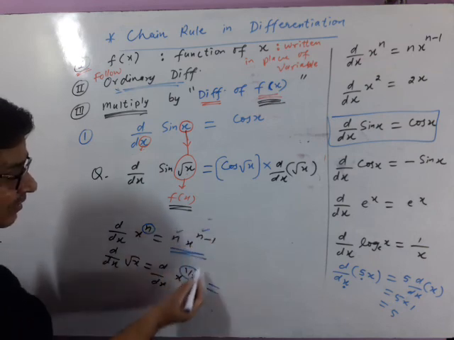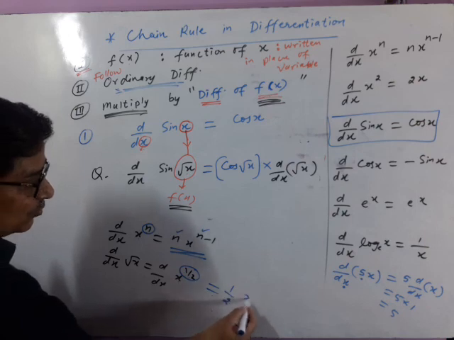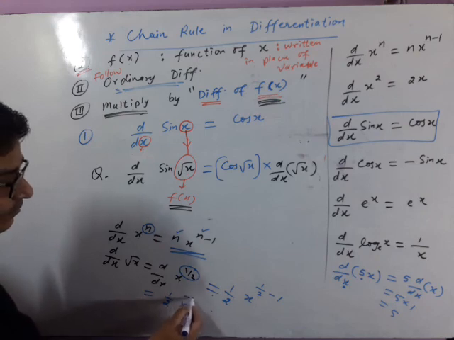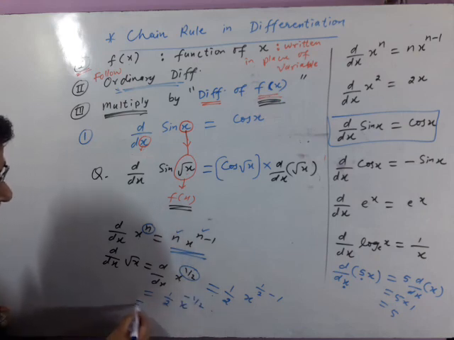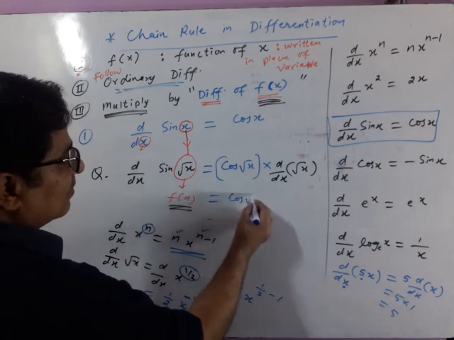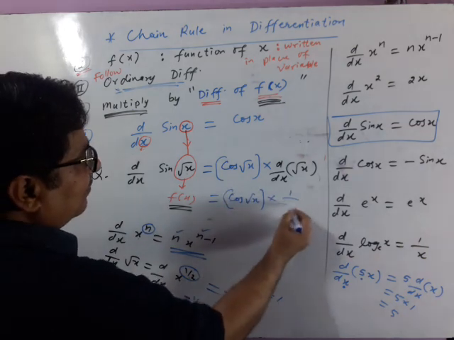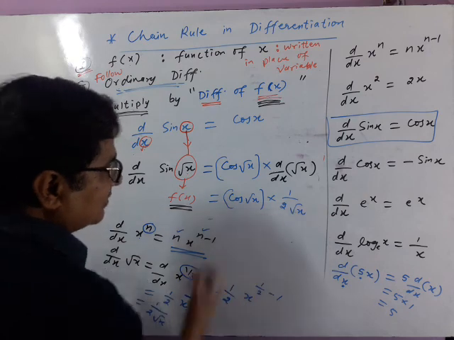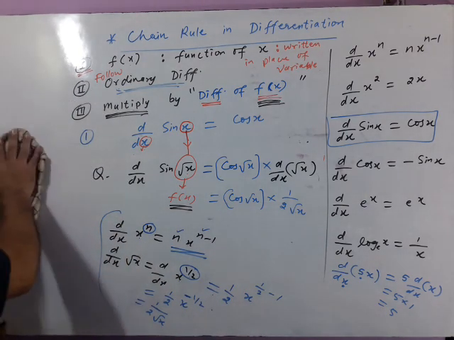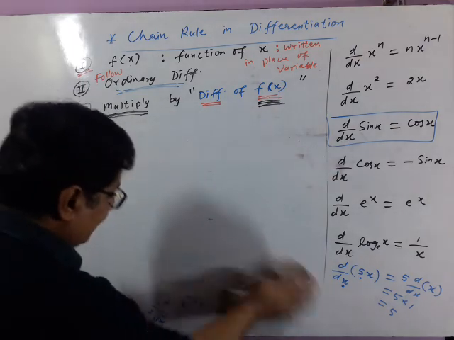In place of n, write 1 by 2. 1 by 2 x raised to the power 1 by 2 minus 1. So this will be 1 by 2 x raised to the power minus 1 by 2. Now simplify this: 1 by 2 root x, because to make it positive it goes in the denominator. So you can write directly cos root x multiplied by 1 by 2 root x. This is the answer. Now see another example.